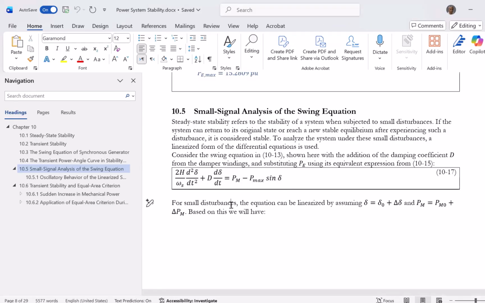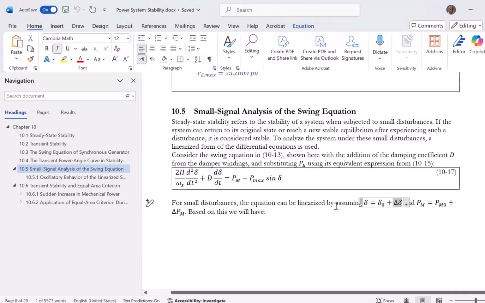I claim that this equation is a nonlinear equation in terms of delta. Why do I say that? That's because of this sine term, right? Because of this sine term, this equation is nonlinear. And I want to do small signal stability analysis. So therefore, I have to linearize this equation. What do we mean by linearization? It means that we write up delta in terms of its equilibrium point plus the disturbances.